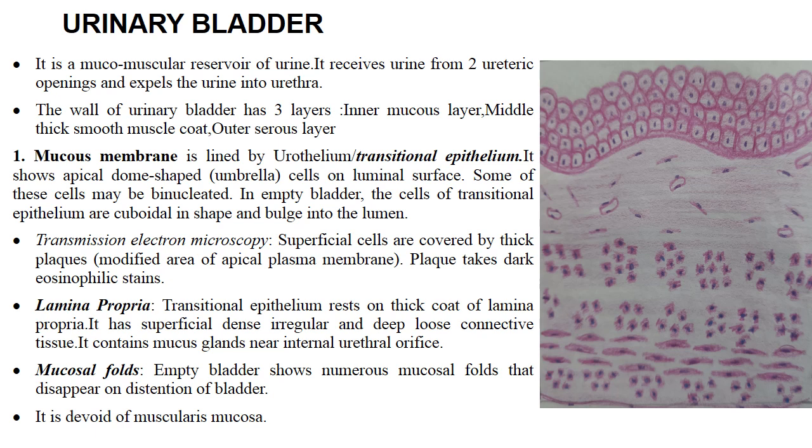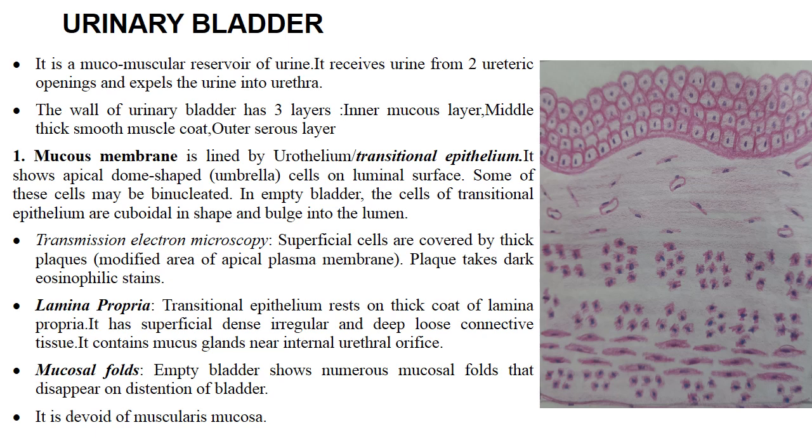Now there are a few points regarding transitional epithelium often asked in the viva. So the thickness of transitional epithelium in an empty bladder, meaning when the bladder is in a relaxed state, is about 6 cell layers, and on distension, when the bladder is stretched, the thickness of the transitional epithelium is about 3 cell layers because of stretching of the cells.